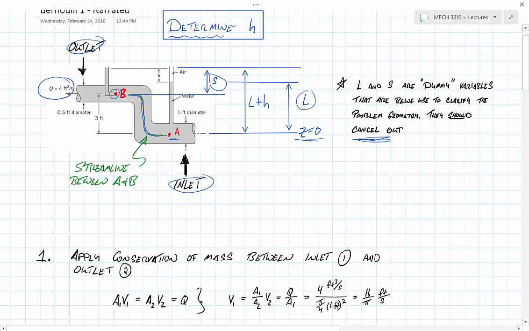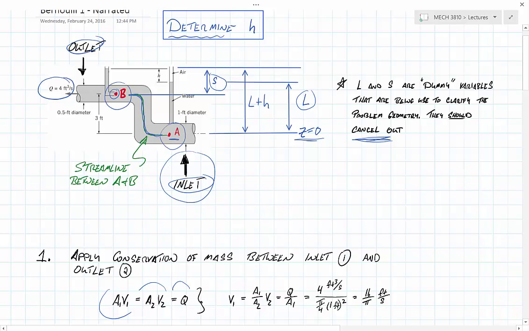So if I apply our conservation of mass between the inlet and the outlet, we have A1 V1 equals A2 V2 equals Q. And in this particular case, we can solve for the velocity of the inlet, because we're going to want to know what the velocity of the fluid is at point A.